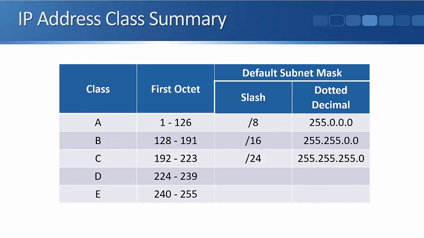Classes A, B, and C are the classes that can be assigned to hosts. Class D is for multicast. That uses 224 to 239. And Class E is experimental. That's 240 to 255. You want to have these classes committed to memory, not just for the CCNA exam where they're completely essential, they're also completely essential for real-world networking as well.